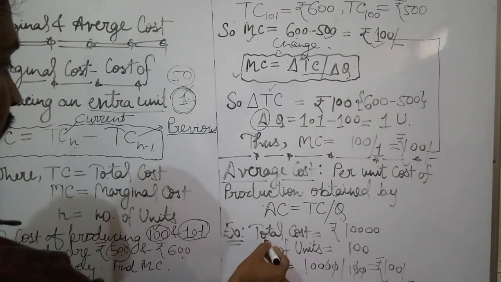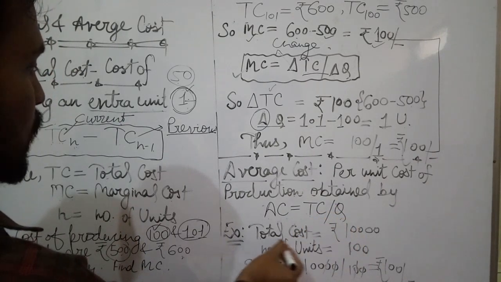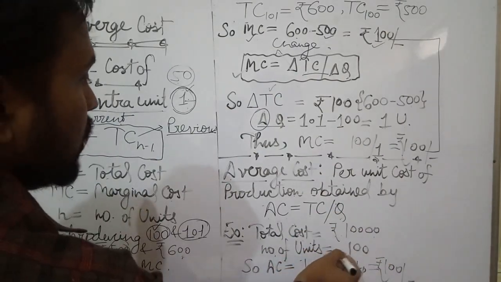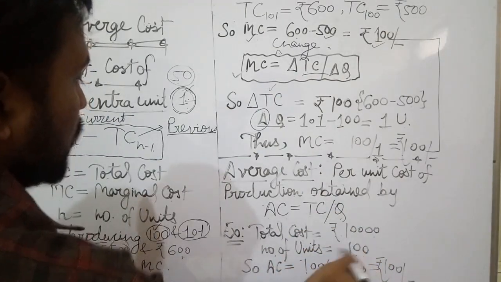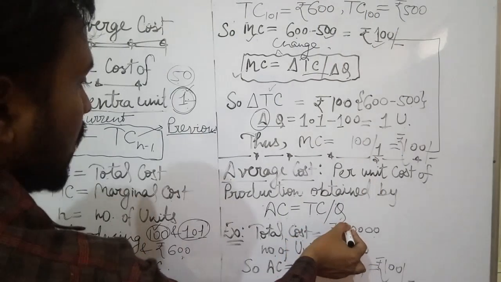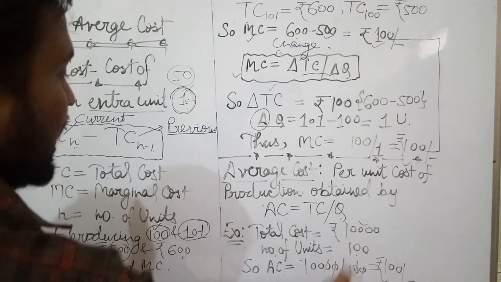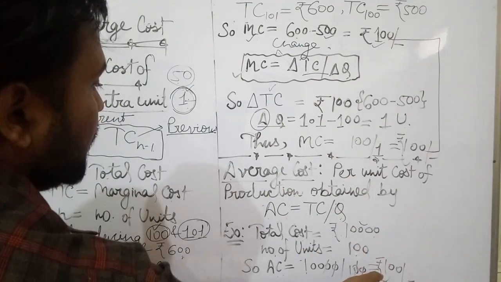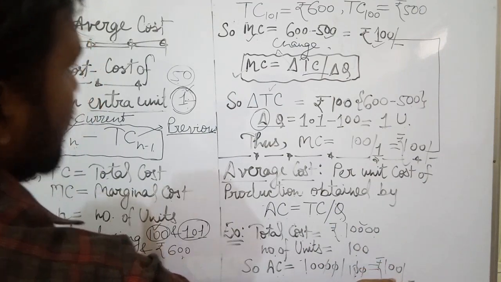Now again we are taking an example. We have given total cost is equal to rupees 10,000, number of units is equal to 100. So AC is equal to total cost, rupees 10,000, divided by total quantity, 100. We can divide it and get the value.